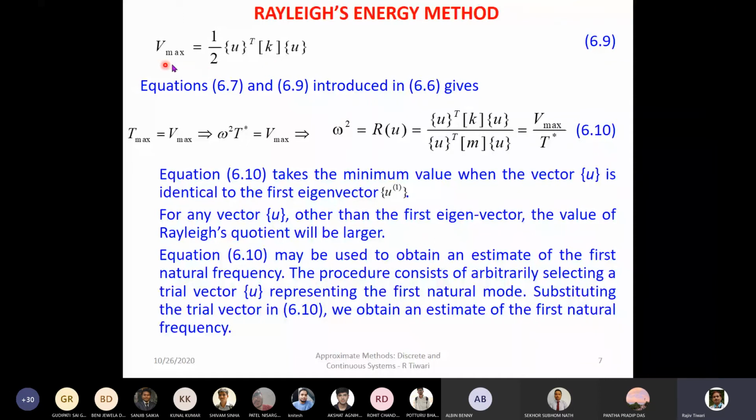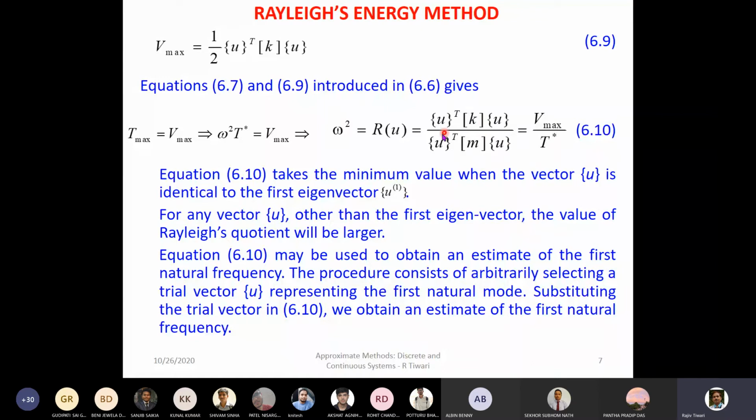Now we are equating these two, maximum kinetic energy and potential energy, from previous. So omega square T star equals Vmax. So omega square can be written as Vmax by T star. Vmax we represented in terms of the stiffness matrix.